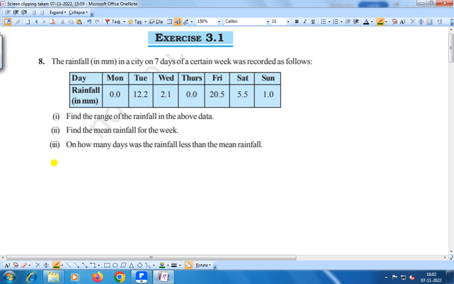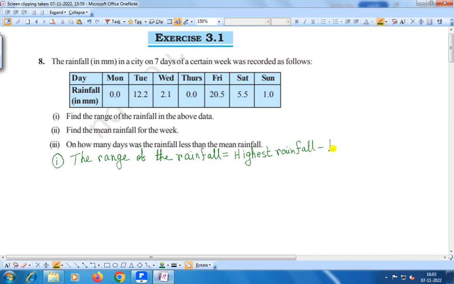We know that the range of the rainfall is equal to the highest rainfall minus the lowest rainfall.